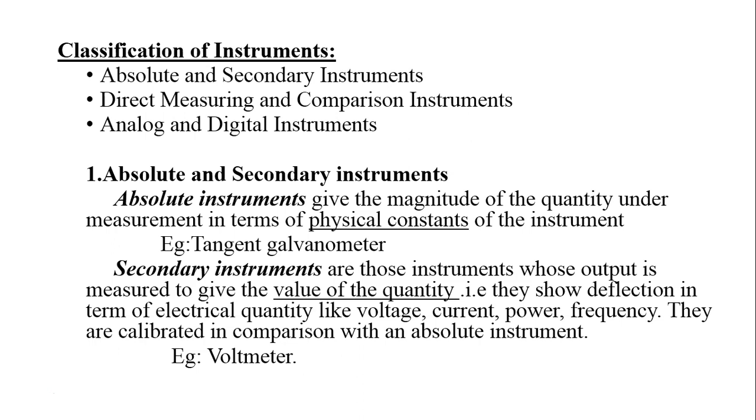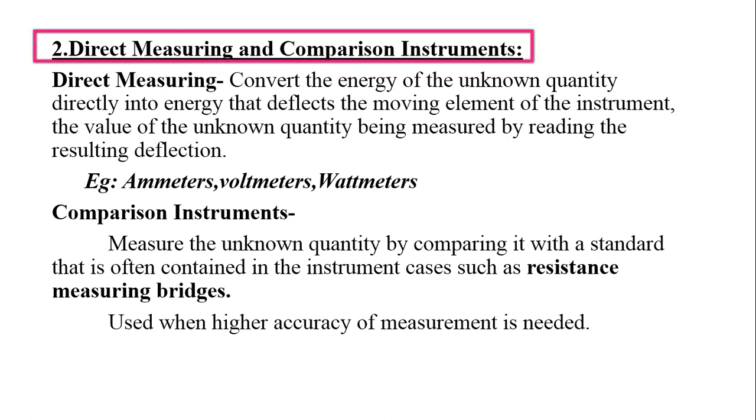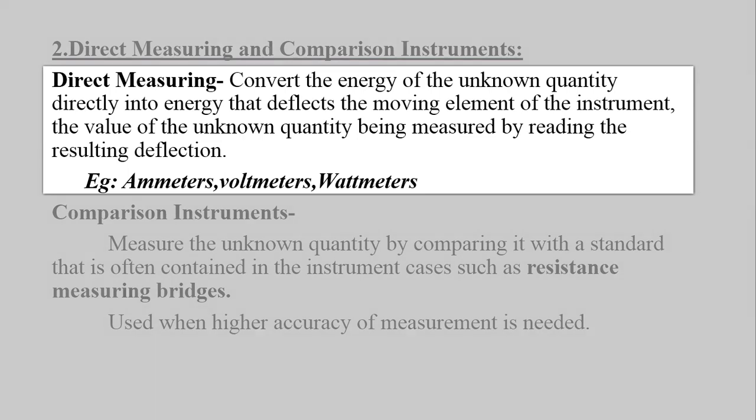The next classification is direct measuring and comparison instruments. Direct measuring means the unknown quantity is known directly by using the meter. Comparison means the unknown quantity is compared with a standard.